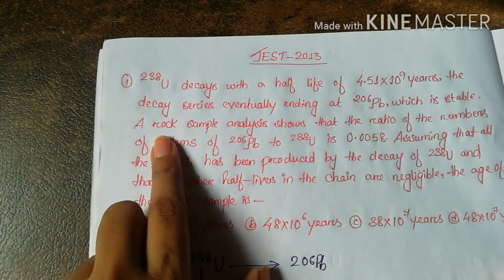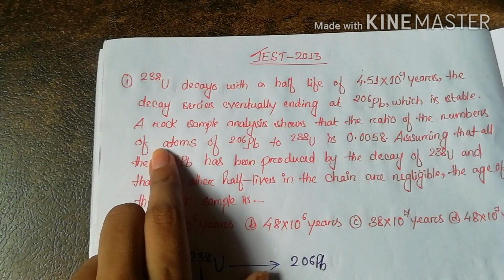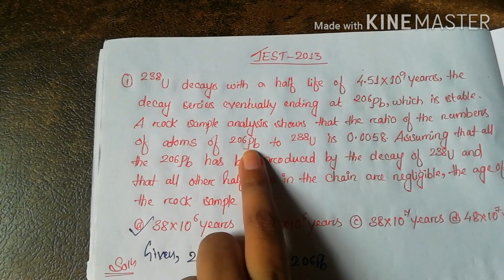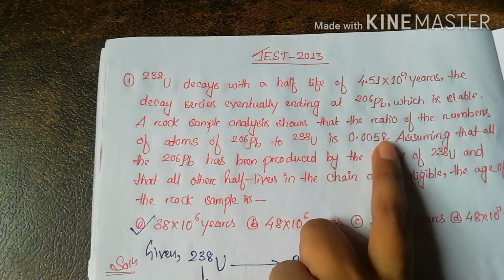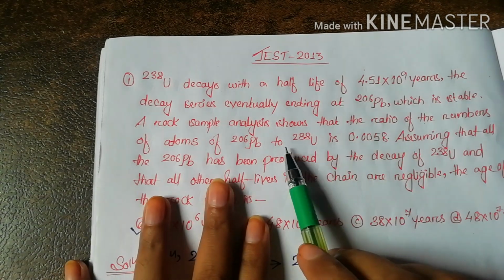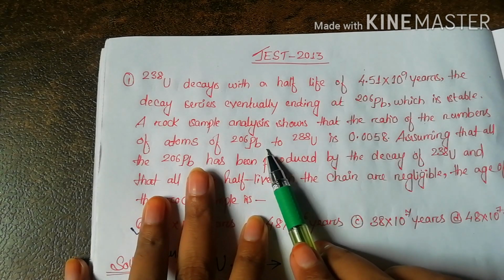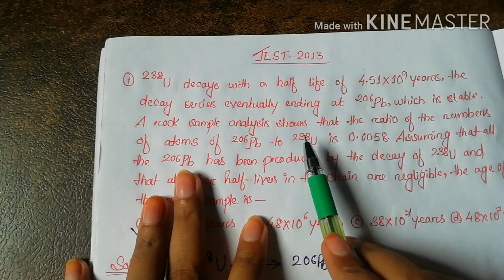Now a rock sample analysis shows that the ratio of the number of atoms of lead-206 to uranium-238 is 0.0058. This is the ratio of the number of atoms of lead-206 to uranium-238.